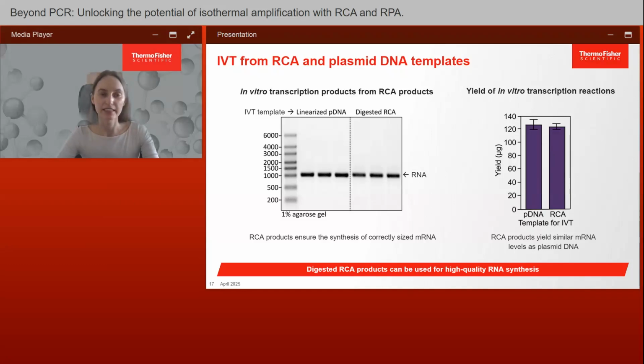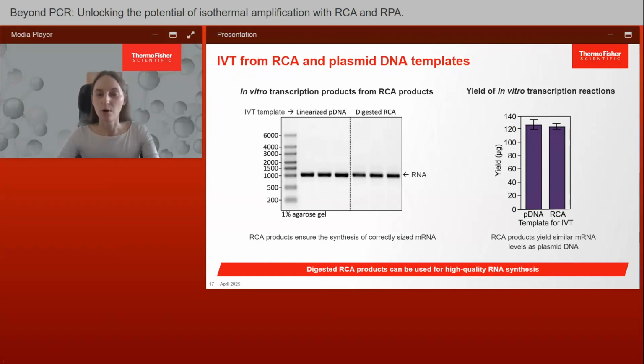In both cases, we see a single band of the same size, confirming that RCA products support the synthesis of correctly sized messenger RNAs. The transcription yields were also comparable, reaching about 120 micrograms. And this shows that RCA can be used to efficiently generate templates for IVT reactions.